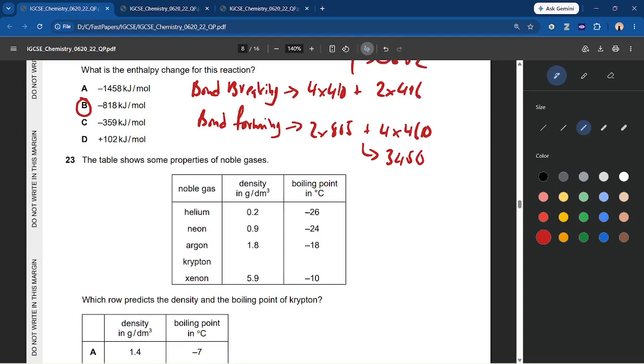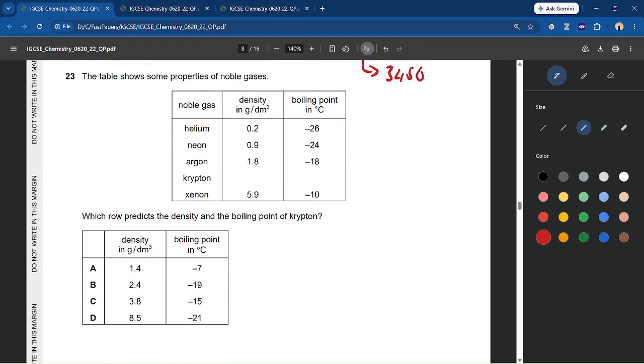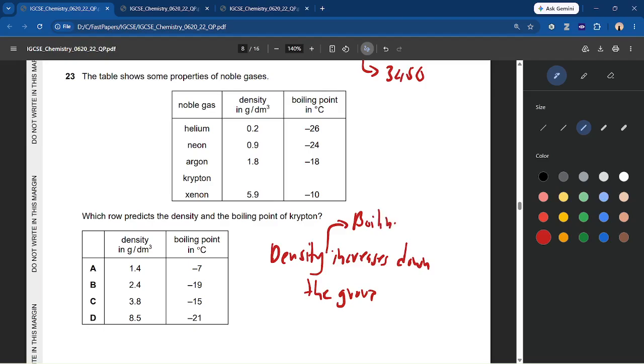All right, the table shows some properties of noble gases. Which row predicts the density and the boiling point of krypton? So we're noticing that density increases down the group, and boiling point also increases down the group.